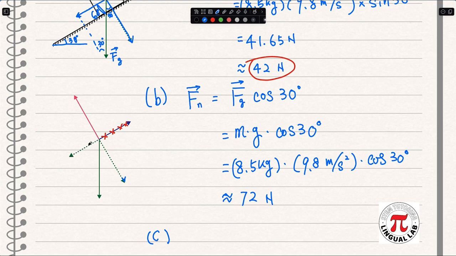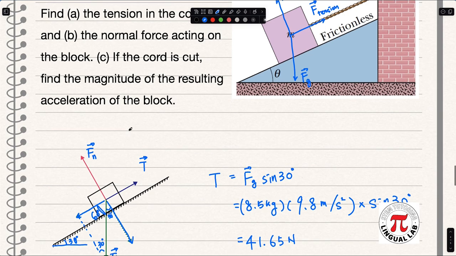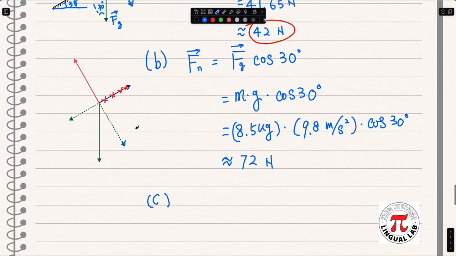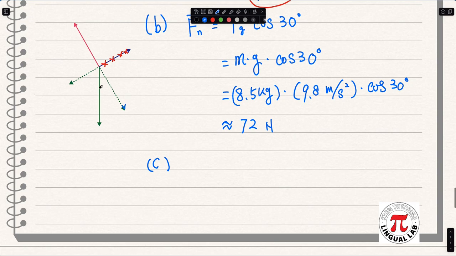Using that force divided by the mass, we can find the acceleration. Acceleration we can calculate by the force divided by the mass.